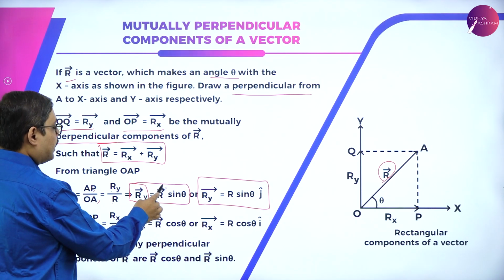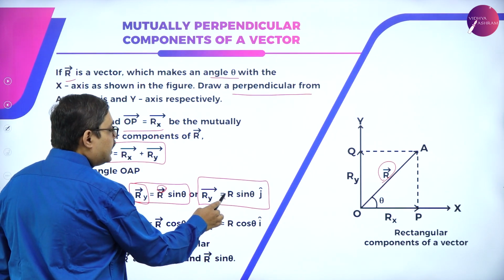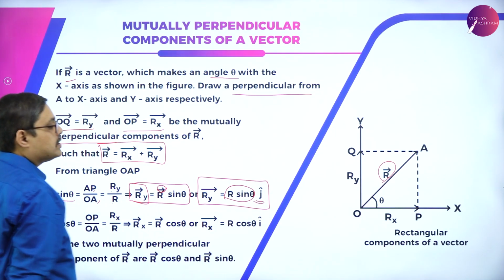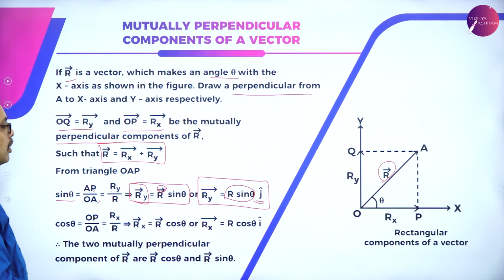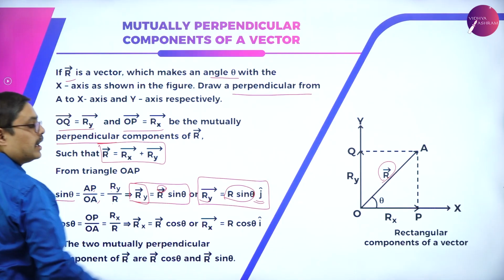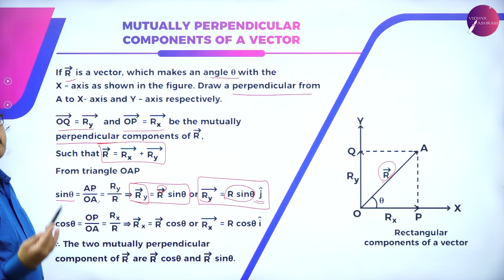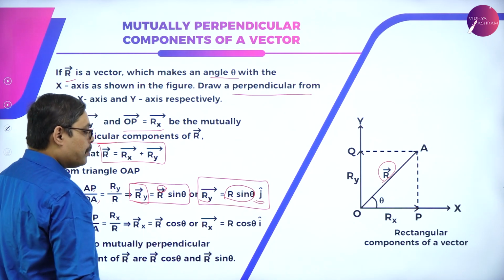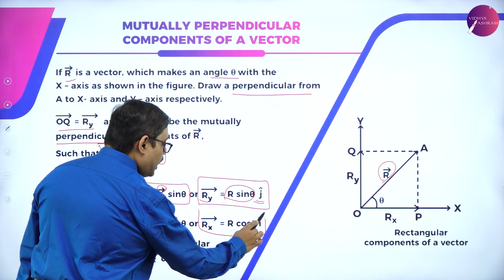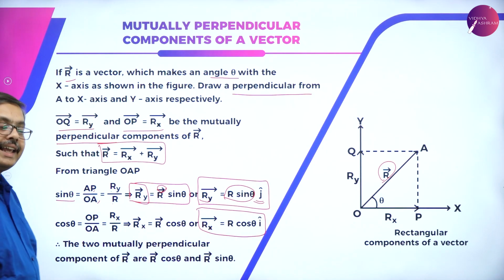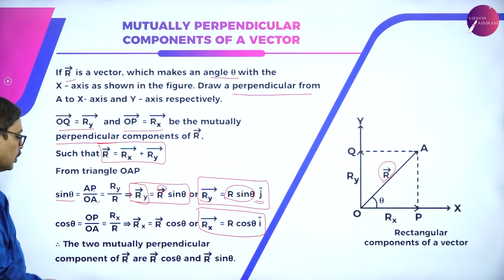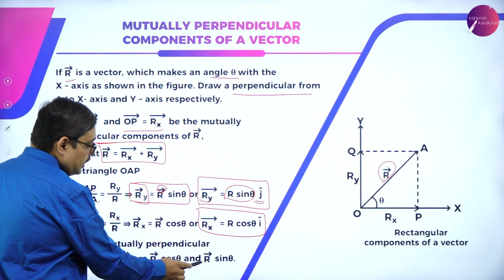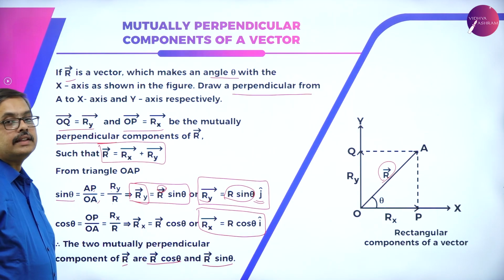Instead of writing a vector here, I can write the magnitude R sin theta and represent a unit vector which gives me j cap. So what do I have? In the y direction, the mutually perpendicular component Ry is R sin theta j cap. Similarly, Rx will be R cos theta i cap. Okay, so the two mutually perpendicular components of R are R cos theta and R sin theta.